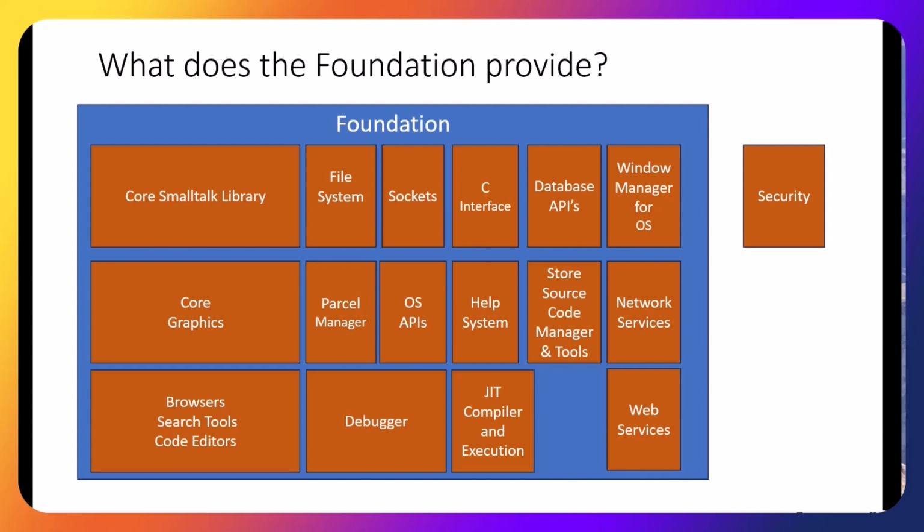One of the very foundation things, we have a just-in-time compiler and execution, which became the standard years ago for how this work is done on dynamic languages like Smalltalk, like modern things like Python, etc. It's kind of set the standard. You'll also see security, and you might ask, why is that outside the box?